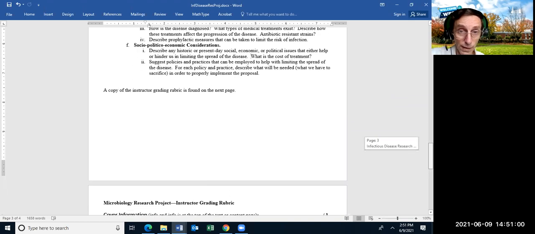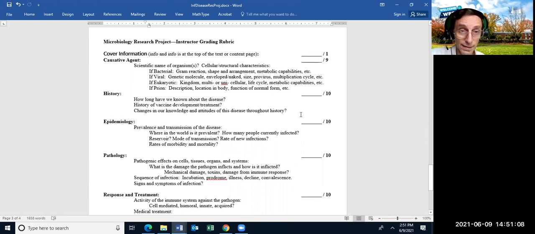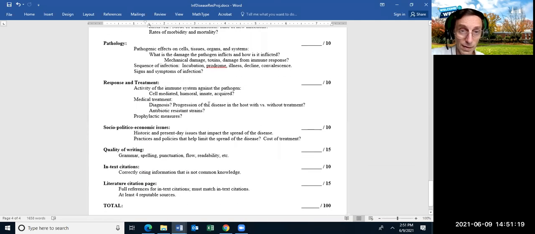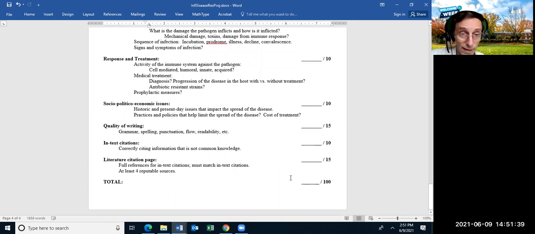And here is a rubric that I'm going to use for grading the paper. 1 point for the cover information, 9 points discussing the causative agent, 10 points for discussing the history, 10 points for the epidemiology, 10 points for the pathology, 10 points for the response and treatment, 10 points for the social, political, and economic issues, 15 points on the quality of the writing, 10 points for your in-text citations, and 15 points for your literature citation page.